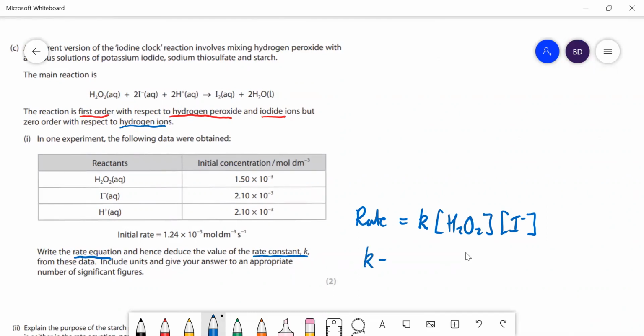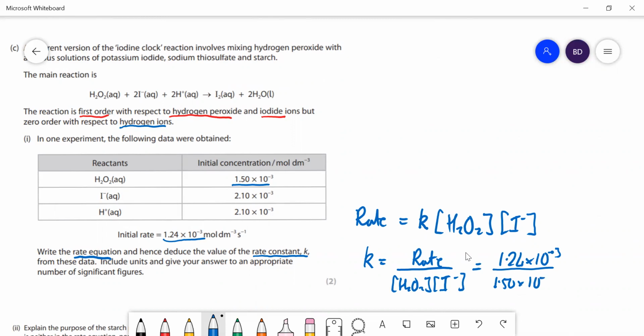So for k, we rearrange and get rate over hydrogen peroxide times iodide, and put the numbers in there. The rate they tell us is 1.24 times 10 to the minus 3. Hydrogen peroxide concentration, 1.50 times 10 to the minus 3.